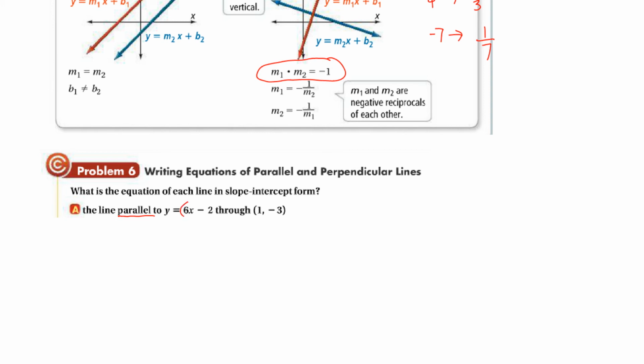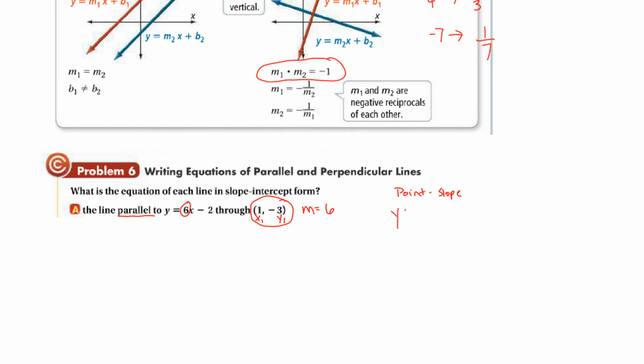So that means this slope here of 6 means for the line I'm going to write, I'm going to have a slope of 6. And then I know a point. So this is going to be my x sub 1. This is going to be my y sub 1. Since I know a point and I know the slope, I want to write in point slope form first. So I'm going to write the equation in point slope form.